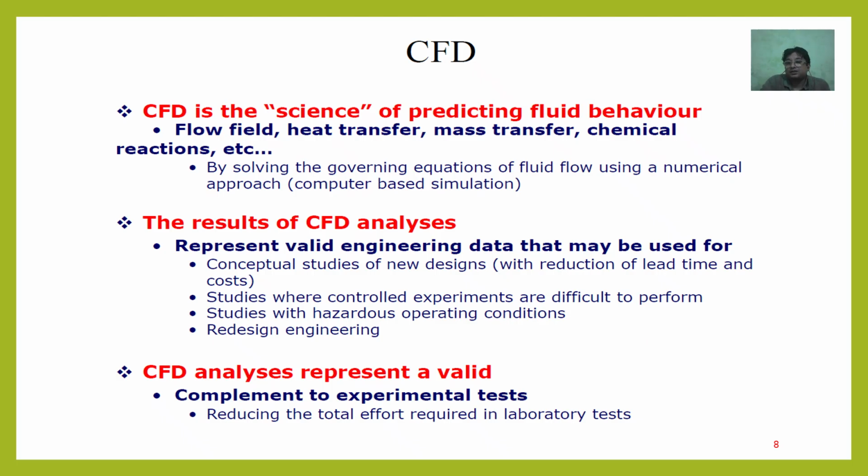If it is changing in mass, that means some kind of chemical reaction is taking place. So when we talk about CFD, we have fluid flow, heat transfer, mass transfer, and chemical reactions linked to it. With all this, we create the complex governing equations of the fluid flow using a numerical approach, generate the result, and try to validate it. So this is what CFD is all about.